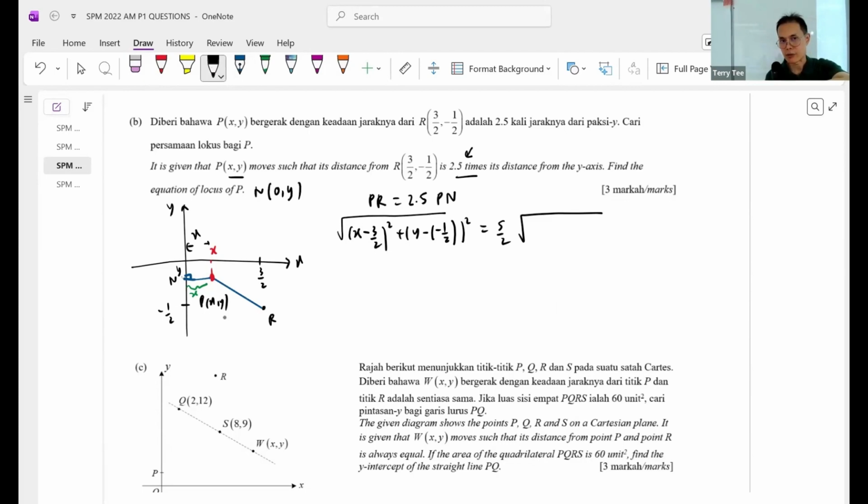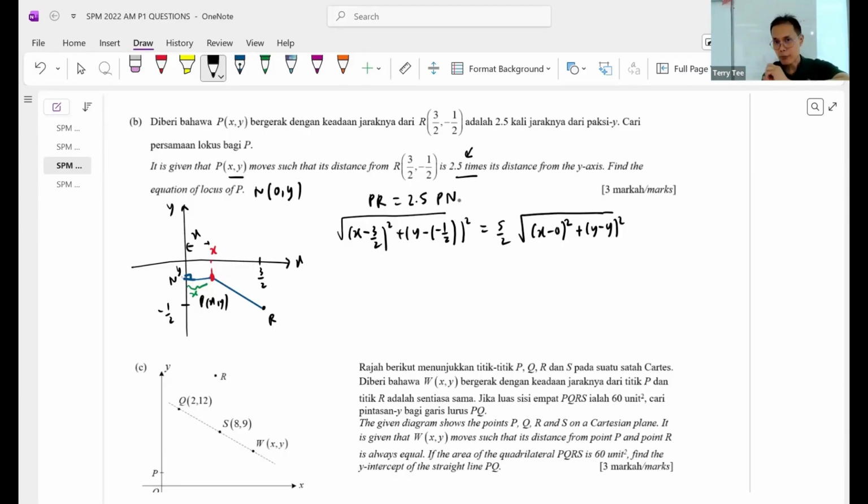It shares the same y value, right? So you can say square root of x minus 0 squared plus y minus y squared, because your n is 0, y. N has the same y coordinate as P.